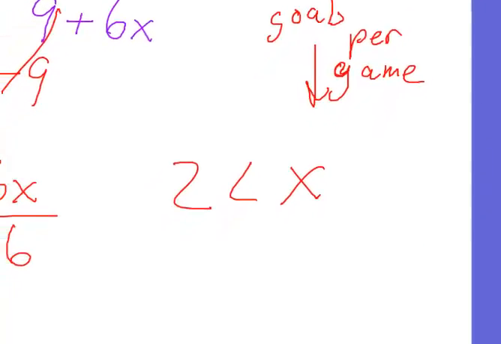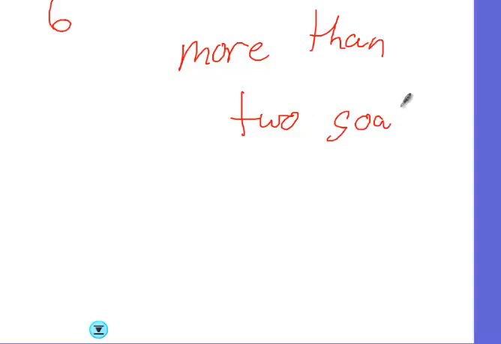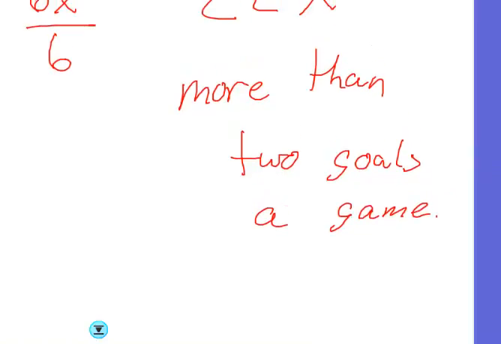So in order for him to break the record, he must score more than 2 goals a game. All right, and that would be your answer. You need to score more than 2 goals a game.